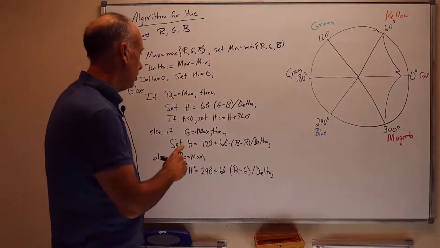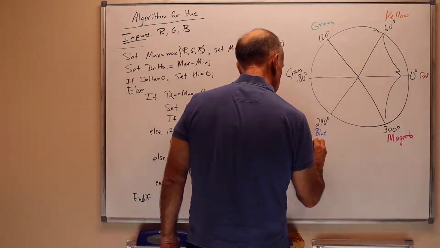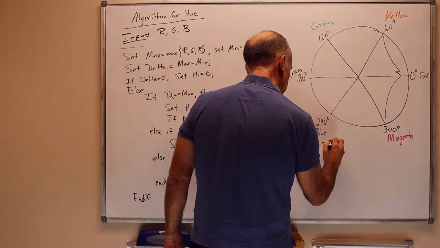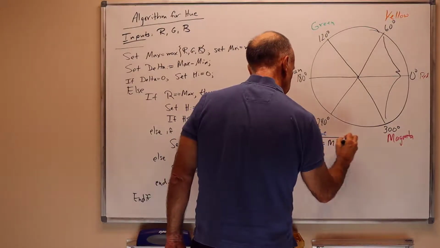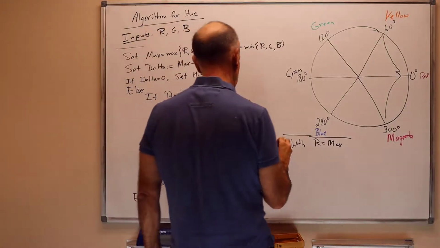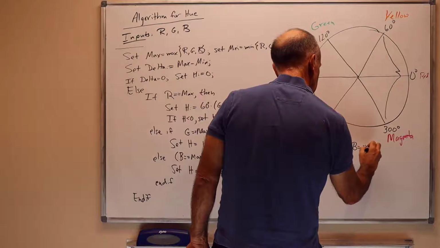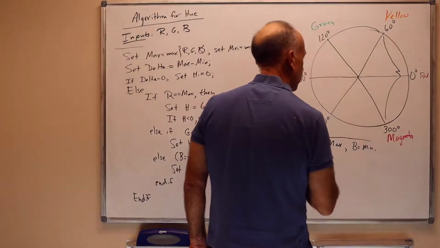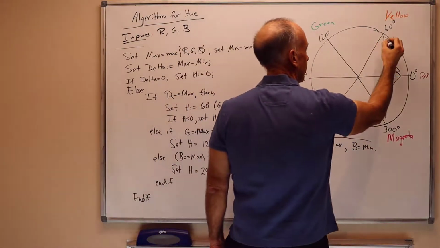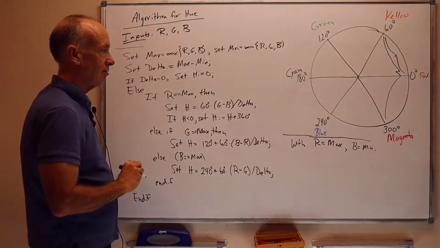And in this case, with R equal to the max value, let's also suppose that blue is the minimum value, and that'll put us in this range here between 0 and 60 degrees.